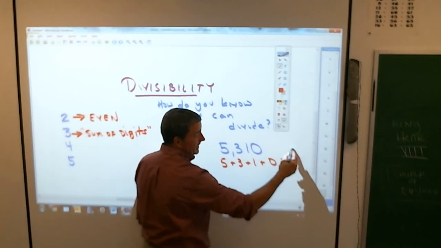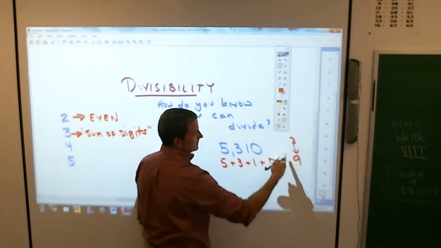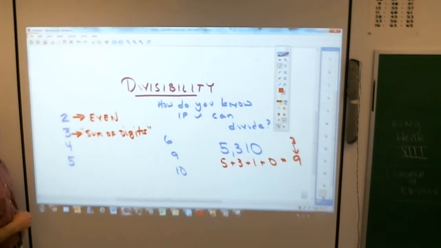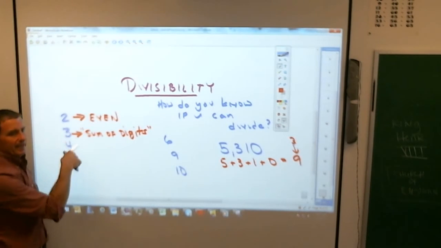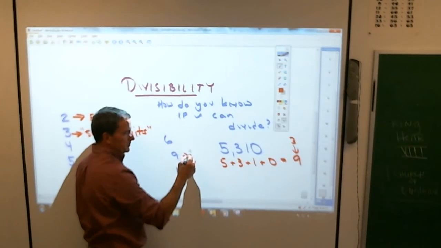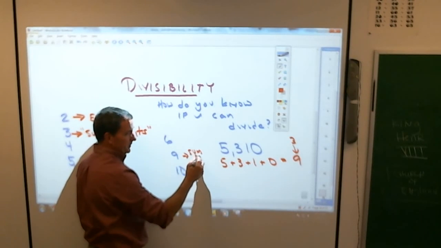If 3 goes into 9, which it does, then yes, 3 goes into that number as well. Sum of the digits works for both 3 and for 9.